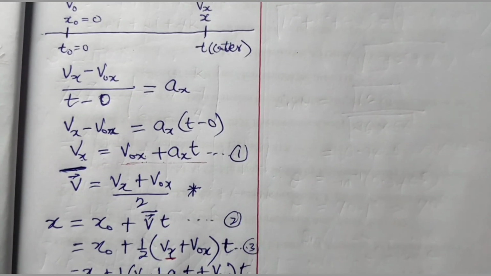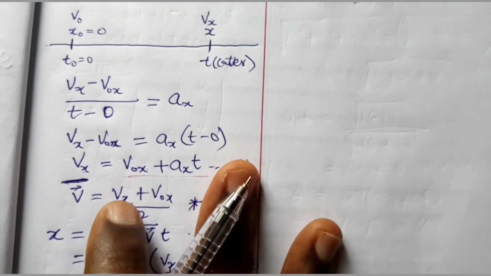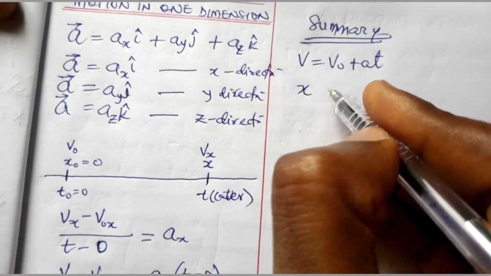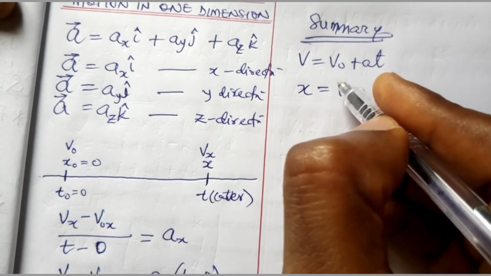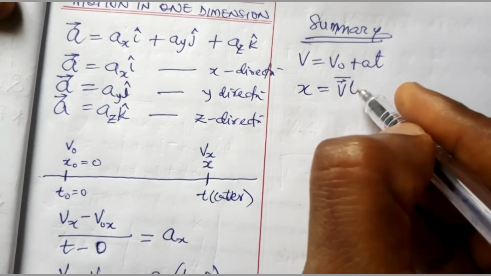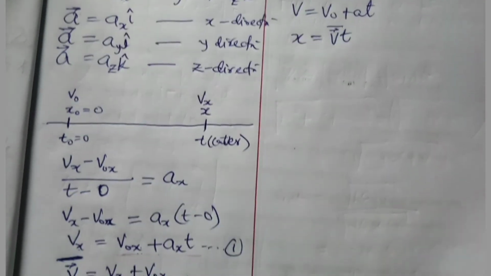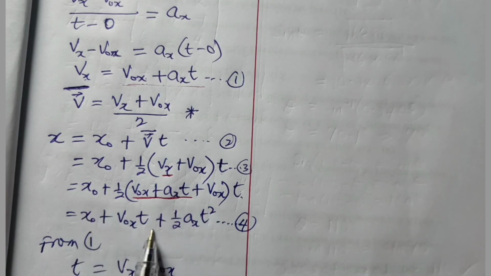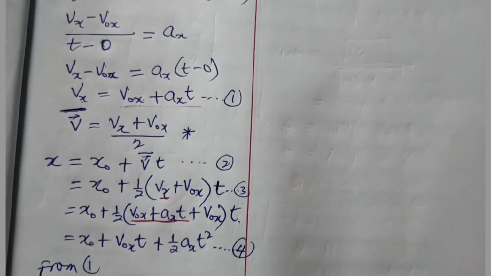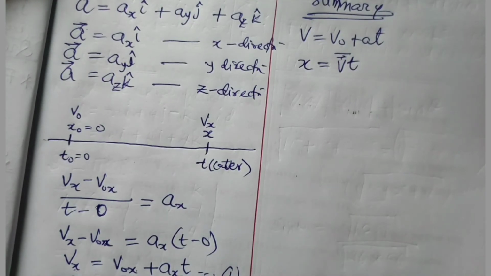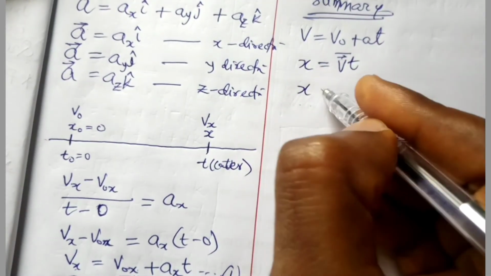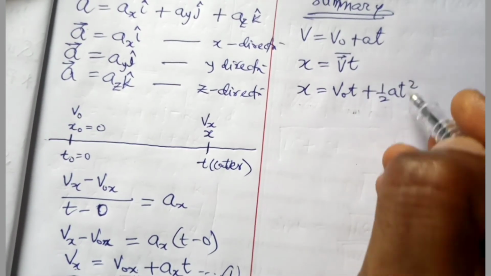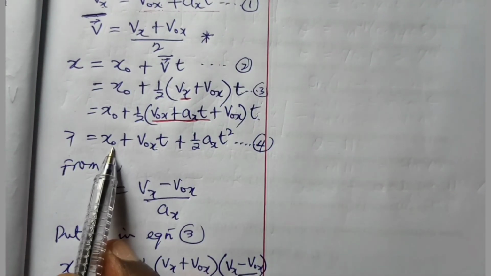Our equation 2 will become x equal to 0 plus v t, that is, the average velocity times time. Our equation 4 will become x equal to v0 t plus half a t squared, dropping the x subscript, with x0 being 0.